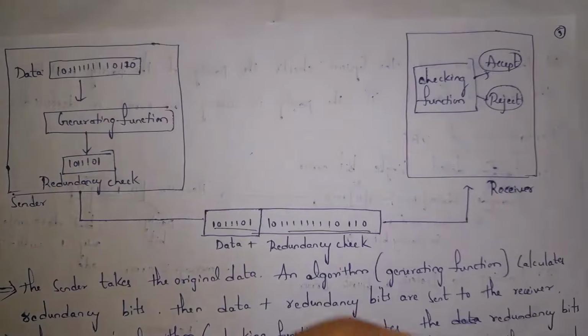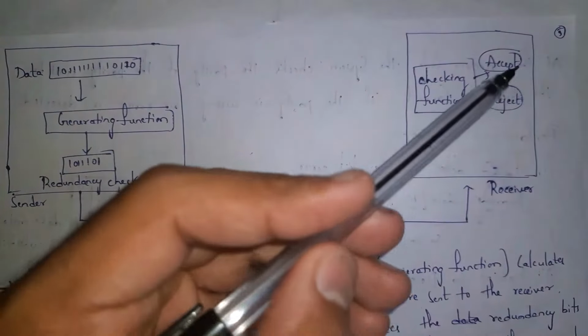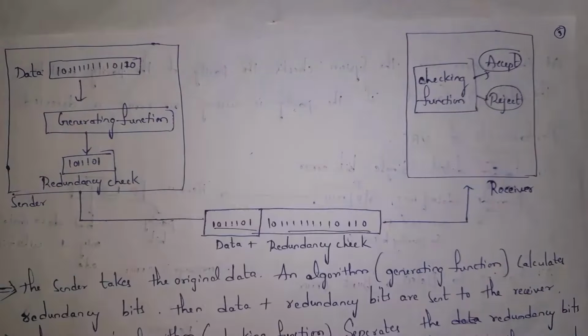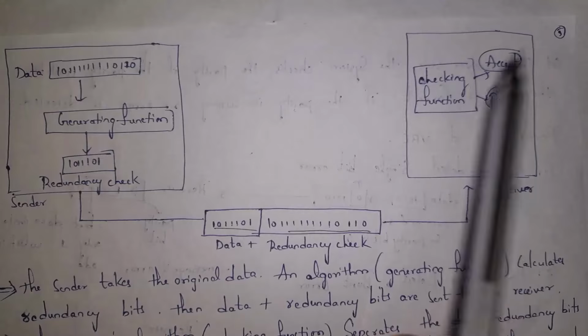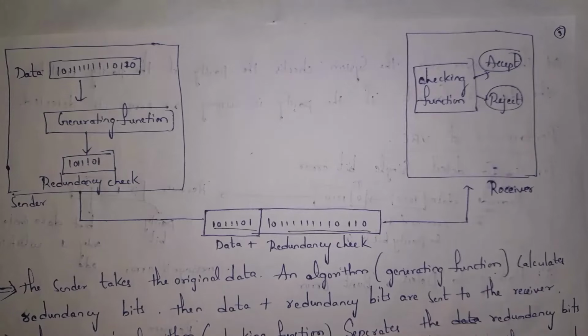Whereas receiver computer contains checking function, it is also an algorithm. By using extra bits, checking function will identify whether data is received correctly or not. If data is received correctly, then checking function will accept data, or else checking function will reject data. Redundancy means extra bits added to our data. By using that extra bits, receiver will identify whether data is received correctly or not.